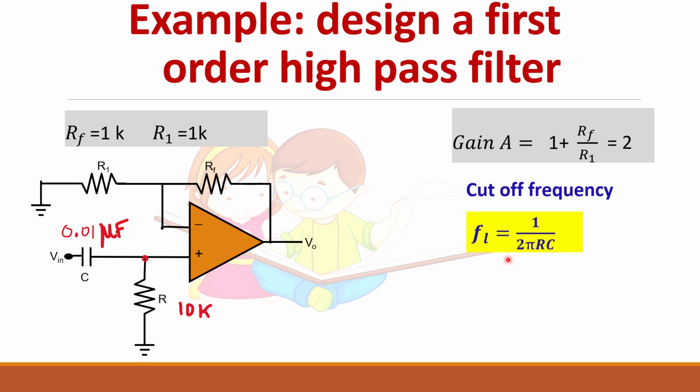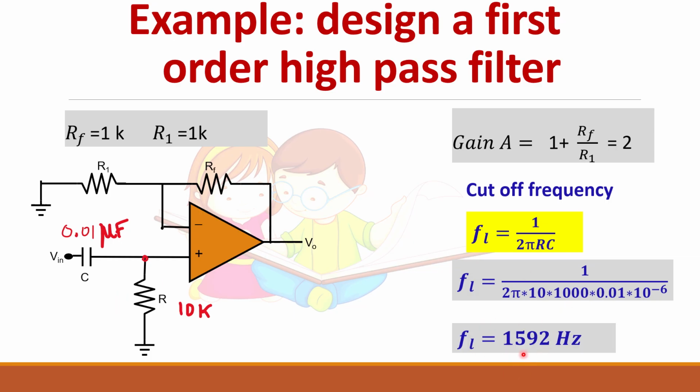So let us calculate the cutoff frequency. Just substitute 2 into pi into R, which is 10K, so 10 into 10 power 3, that is 1000, into this capacitor value. If you simplify it, you will get 1592 Hertz, or 1.5 kilohertz.